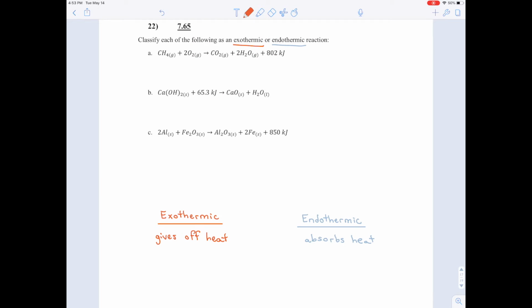Now, the way that you'd tell these is that an exothermic reaction will have heat, and remember, heat is a type of energy, and the unit for energy is kilojoules, on the right side of the reaction arrow. If you have kilojoules on the right side of the reaction arrow, it means that the reaction is producing heat.